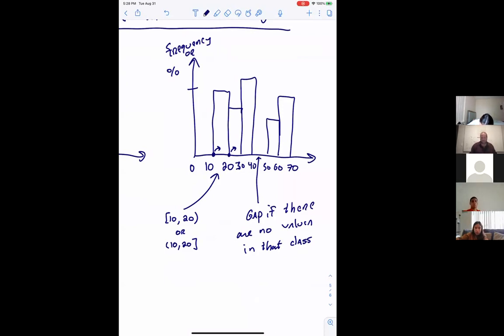How do you know how many bars to make for your histogram? The answer is there's no hard and fast rule, which is how some people use statistics to, I wouldn't say to lie, but to make it seem as if the data supports one conclusion versus another conclusion.